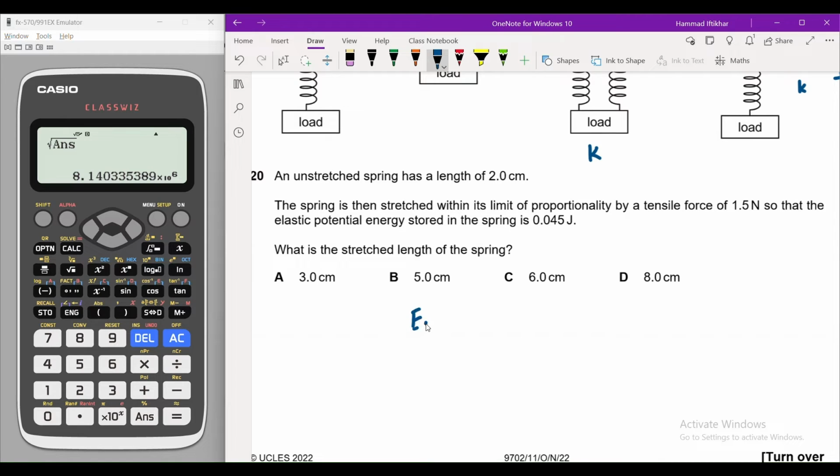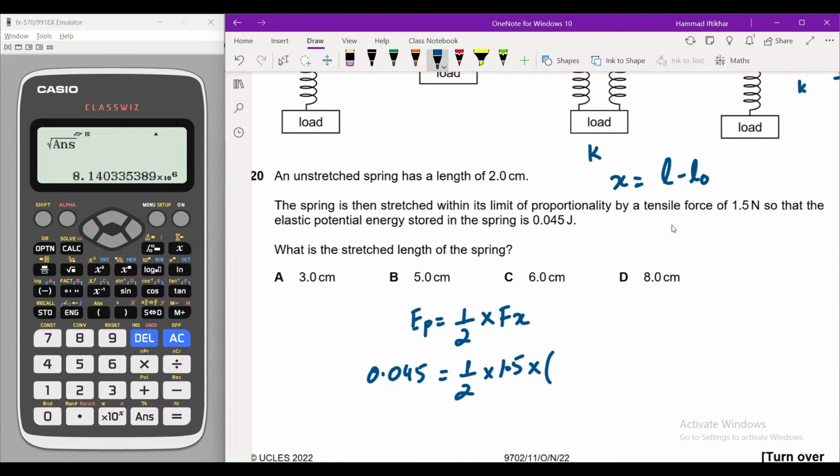So elastic potential energy, we know that is equal to half times Fx. So elastic potential energy stored is 0.045, half times tensile force 1.5, and extension is going to be L minus L naught, which is the extension.